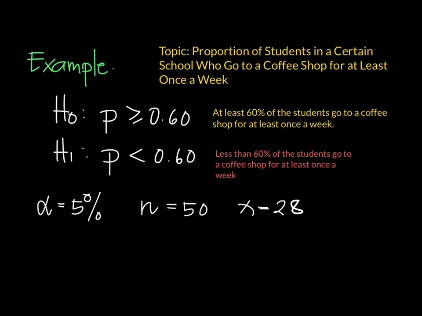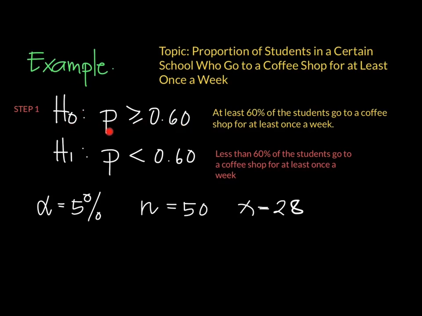Let's say that the topic is the proportion of students in a certain school who go to a coffee shop at least once a week. And suppose that the status quo, or what is being observed, is that at least 60% of the students go to a coffee shop. So that means this will be our null hypothesis.